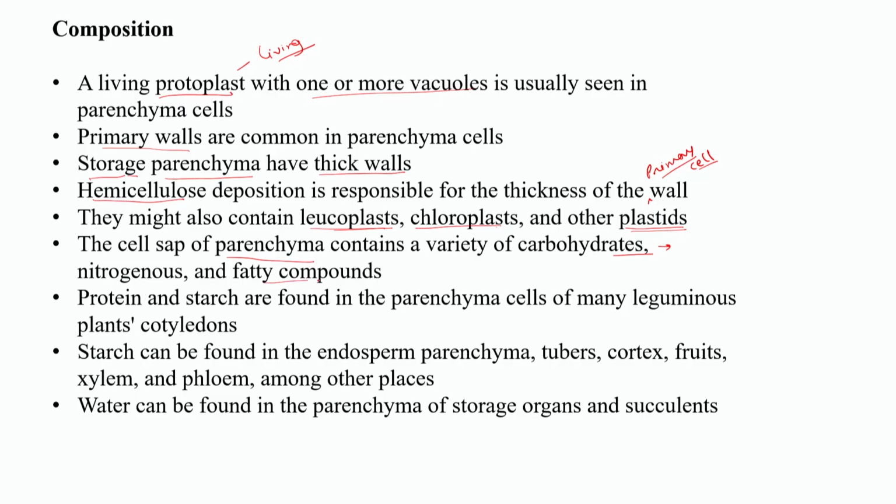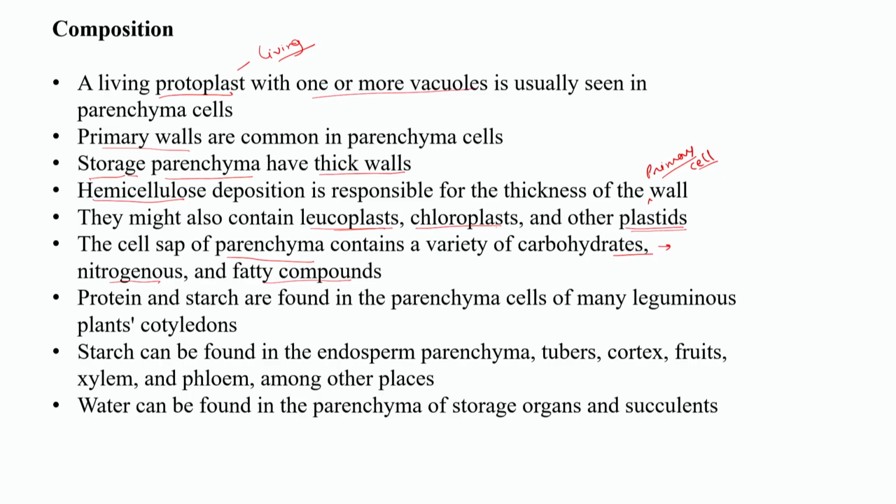Along with the things required for their primary metabolism, many things are stored for later use or for some other important function. So fatty acids are also present, nitrogenous compounds in the form of proteins, and various depositions of proteinaceous nature, oils and lipids. So all these things are present in parenchyma.